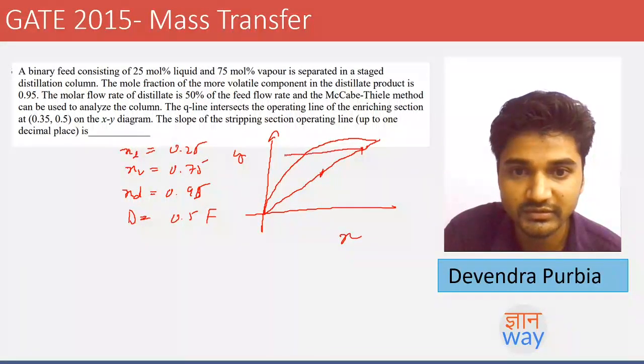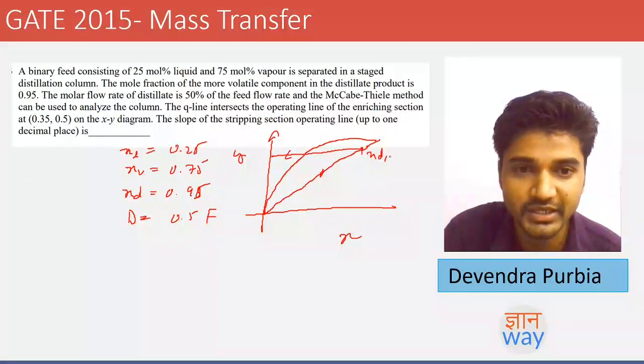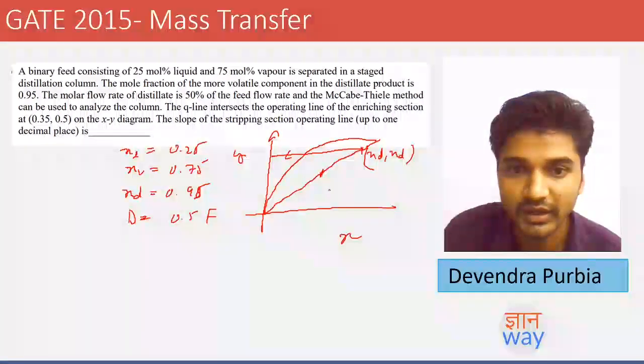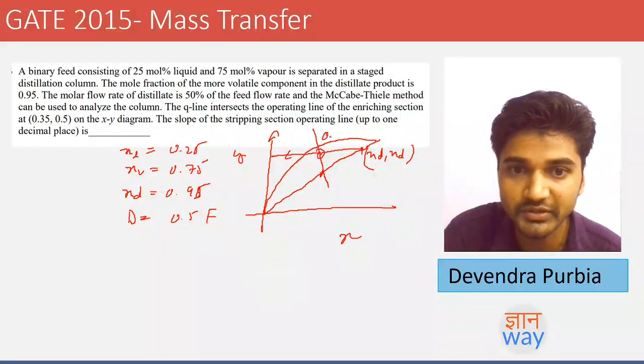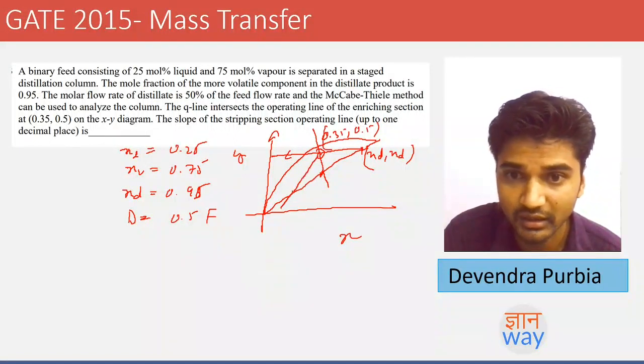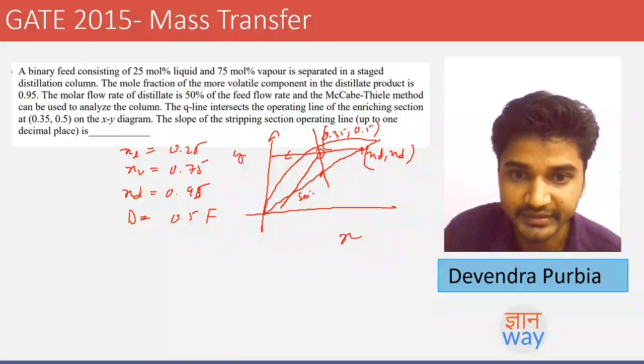As we know, this is the line where this point is XD comma XD, and we have this Q line, and this Q line is intersecting at some point, and this point is denoted as 0.35 comma 0.5, and here we will have the stripping line.